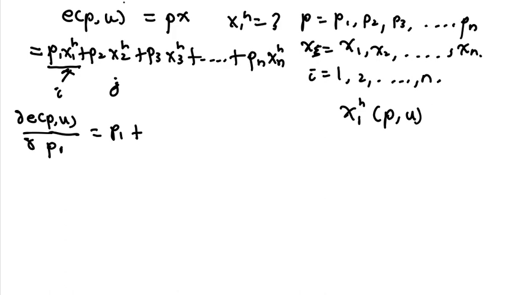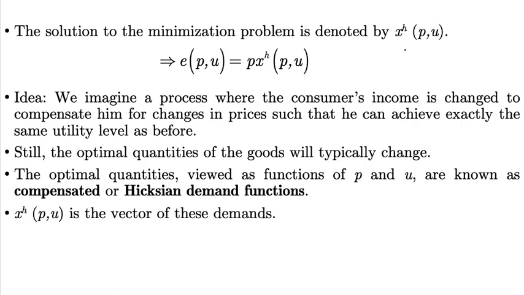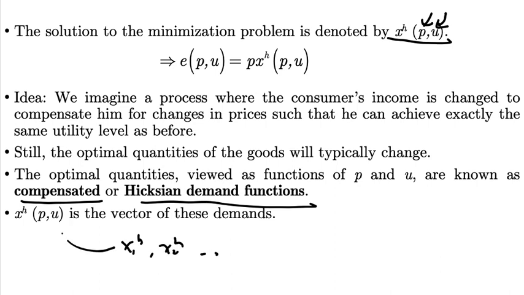Remember, I did mention to you just now, if you go back to the previous slide, when you solve the first order condition of this, what you get is Hicksian demand as a function of prices and utility. This is the Hicksian demand function, also known as compensated demand. If we have x1h, x2h, and so on, then we have a vector of Hicksian demand functions.